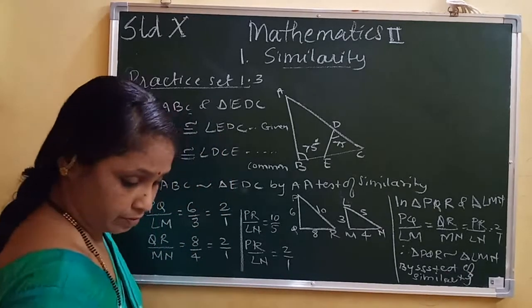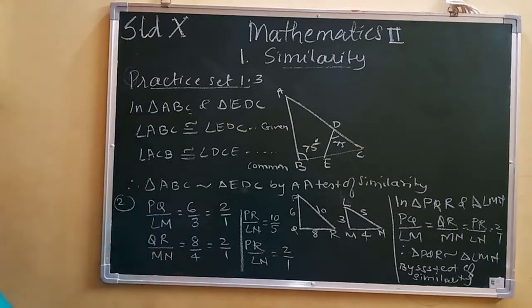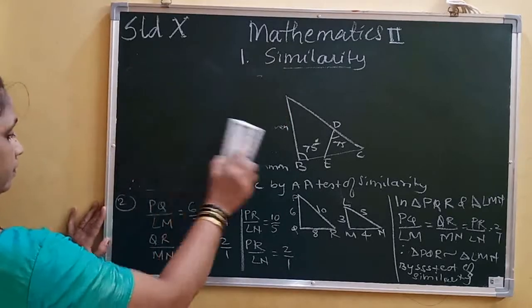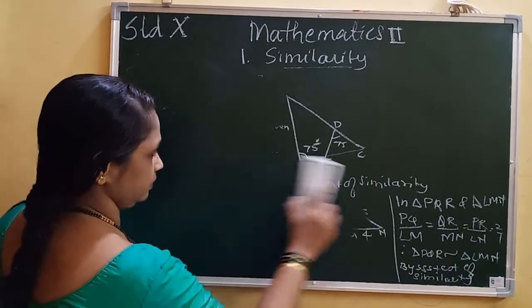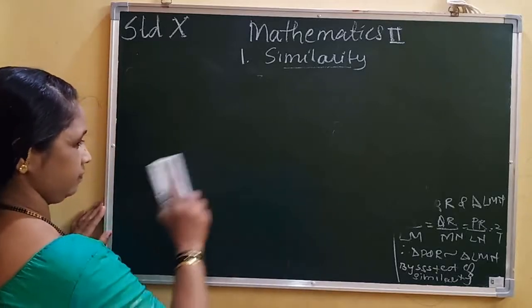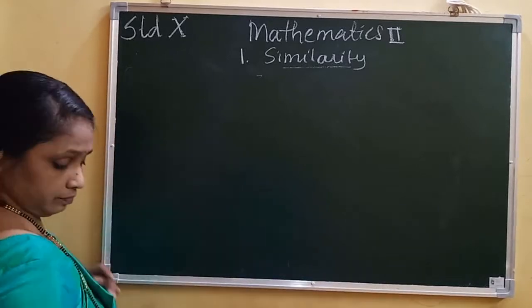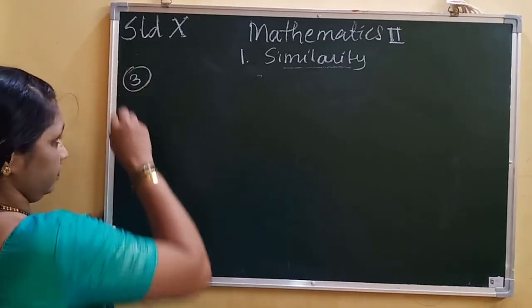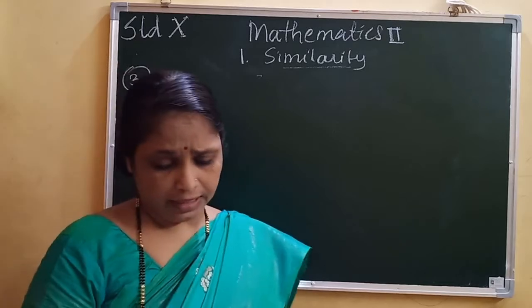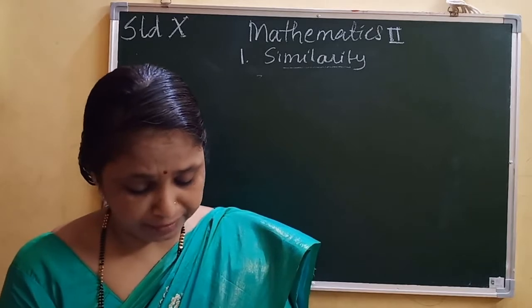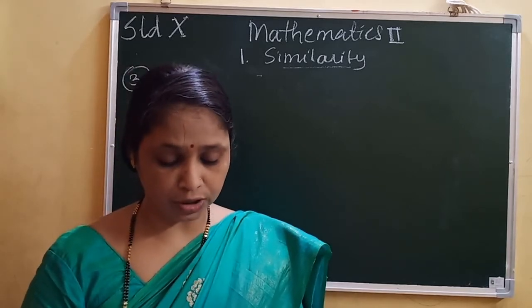Okay, now the third example we will see. Example number 3. As shown in the figure, two poles of height 8 meter and 4 meter are perpendicular to the ground.